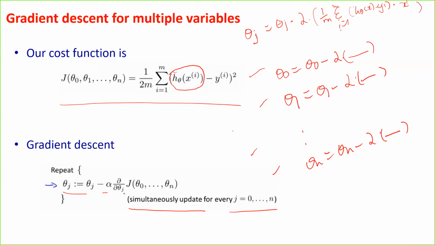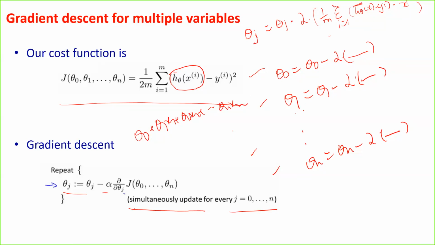Isn't it the update rule? Now look at this. What is h theta of xi? H theta of xi is theta naught plus theta 1 x1 plus theta 2 x2 plus so on, theta n xn. Do you agree with me?